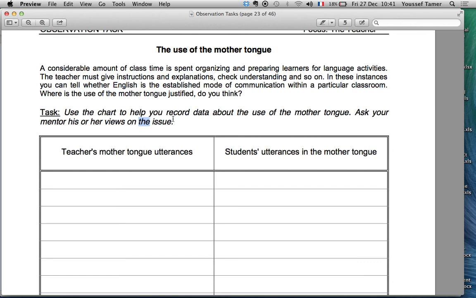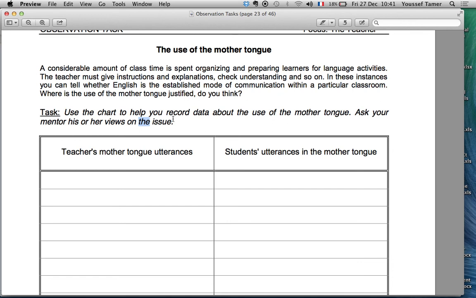Middle school might be more interesting. Maybe you can investigate it too, in order to see whether it is decreasing, increasing, or stable, the code switching from English to the mother tongue or vice versa.